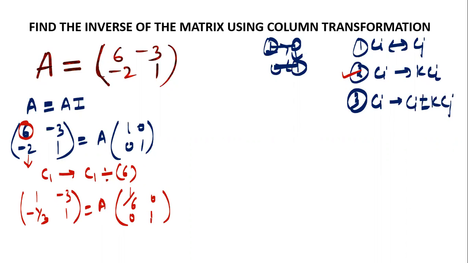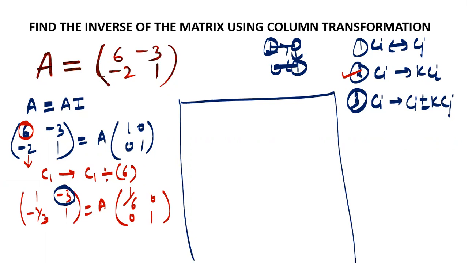Now, the second step is, I have to make this 0. What will I do? To make it 0, I can write C2 arrow C2 plus 3C1, multiplying C1 by 3 and adding it into C2.